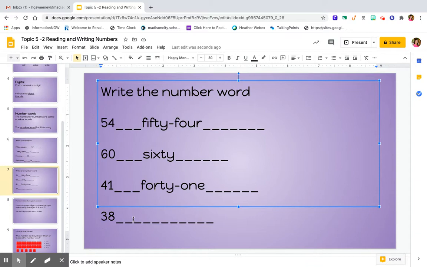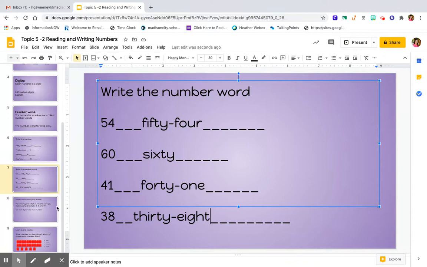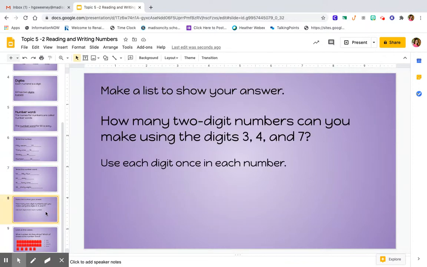So I'm going to come down here and spell 30, T-H-I-R-T-Y, and it needs a dash because there's another number behind it that's not a 0. 8, E-I-G-H-T, 38.